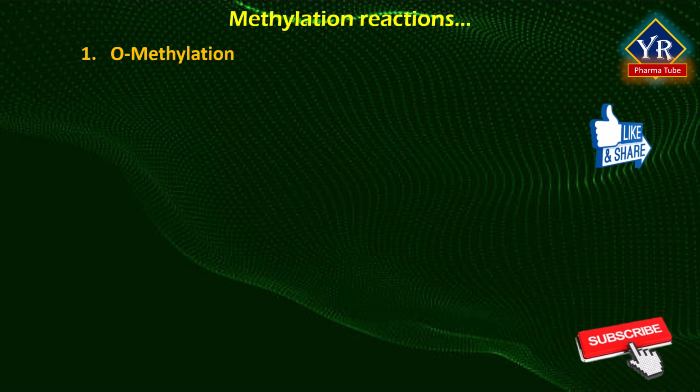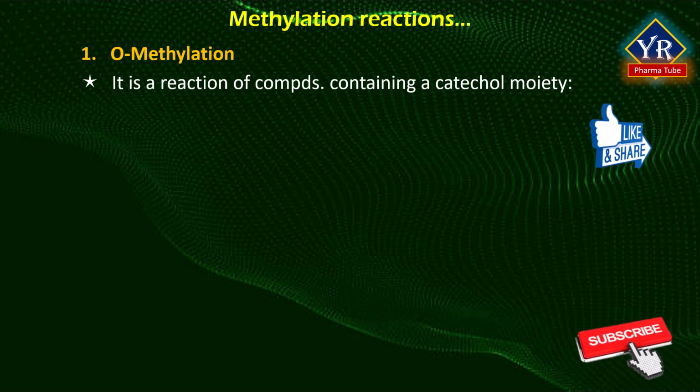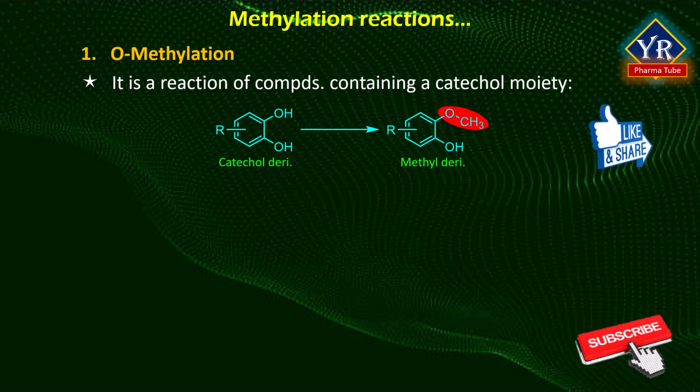O-methylation. O-methylation is a common reaction of compounds containing a catechol ring, that is, an aromatic ring with ortho-hydroxyl groups. These compounds are most likely to undergo phase 2 conjugation reactions.